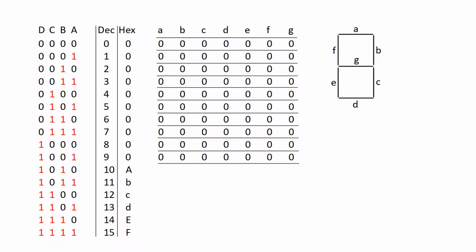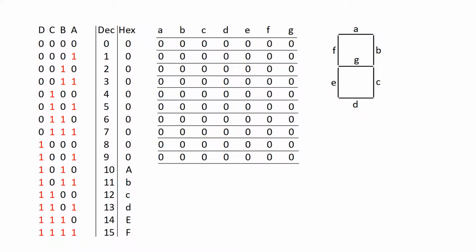So what we are going to do, because we're only interested in making a part hex decoder for when the hexadecimal numbers are A to F, we need to make sure that all of the segments of the 7-segment display are turned off until we reach count 10 or A in hexadecimal.